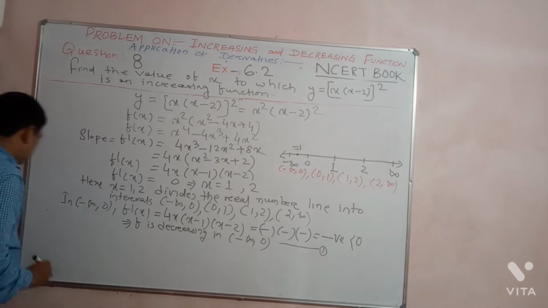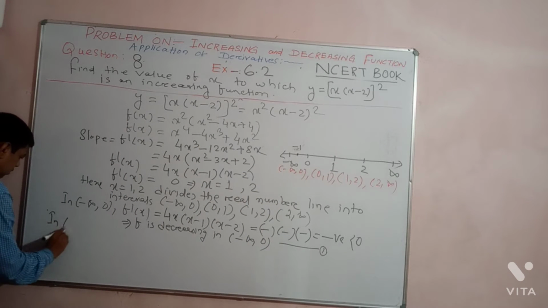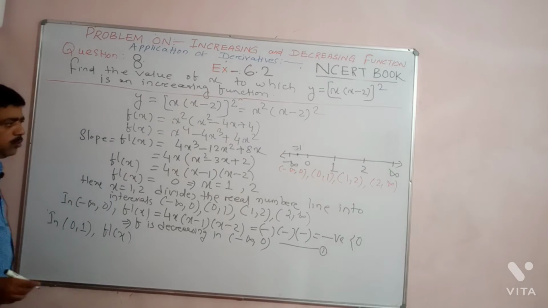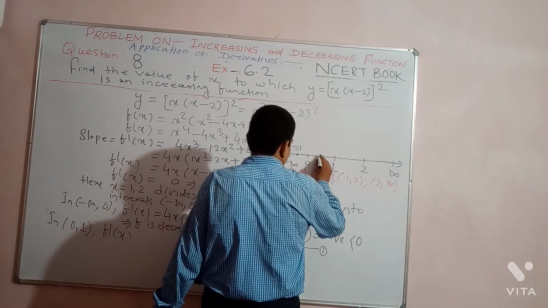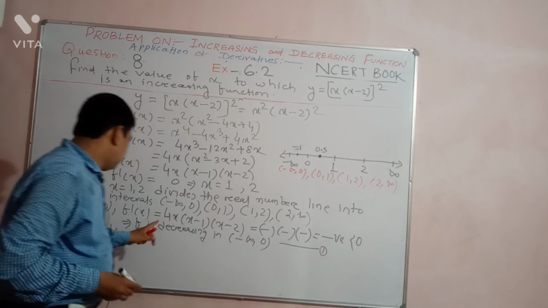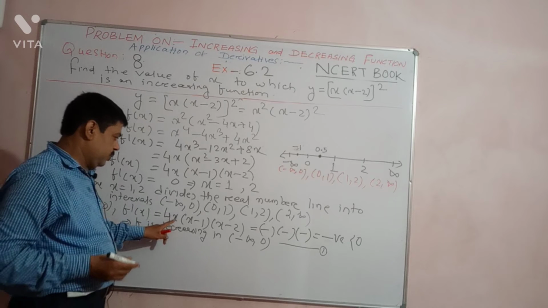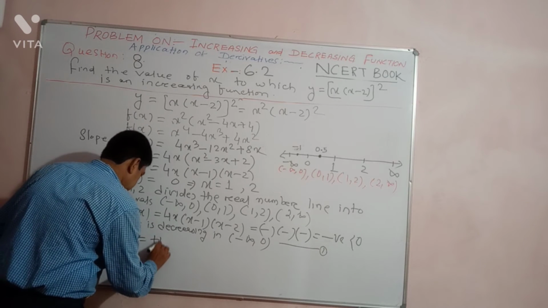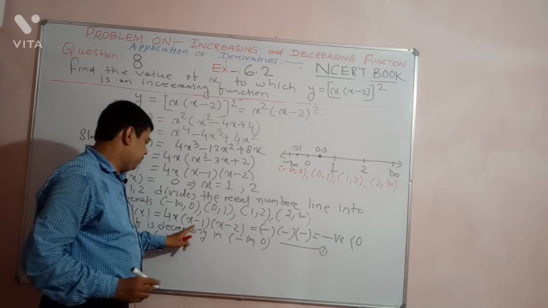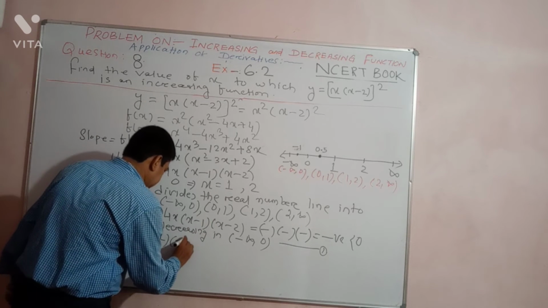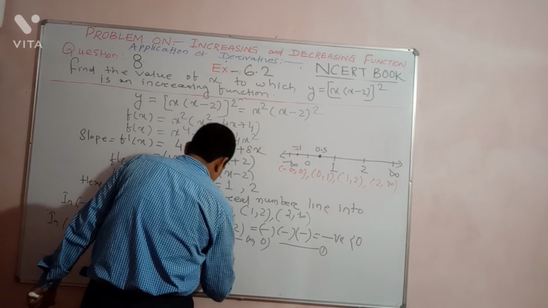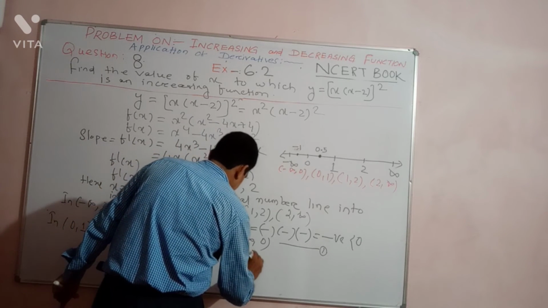Similarly, in the second interval 0 to 1, you can take a number like 0.5. Putting in this value, x = 0.5 is positive, 0.5 minus 1 is negative, and 0.5 minus 2 is also negative. Overall the value will be positive, greater than 0.